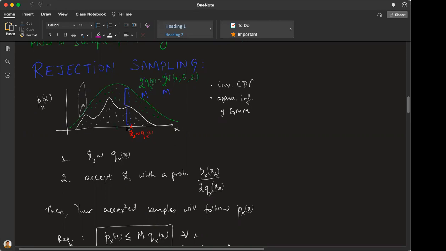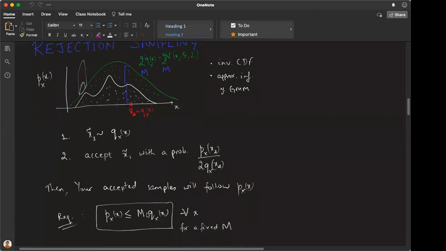I don't know how to sample from p(x), but q(x), let us say, is a normal distribution. I have to find a value capital M such that my p(x) is always less than or equal to capital M times q(x), right? q(x) is a known distribution, and M times q(x) is an upper bound on p(x).